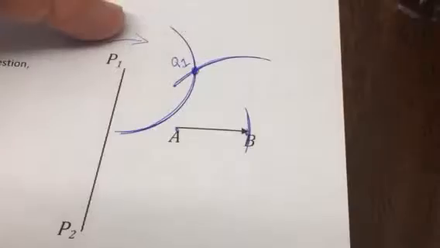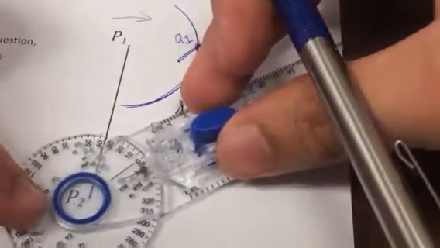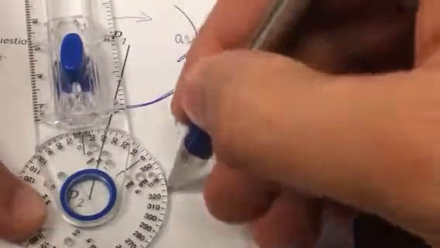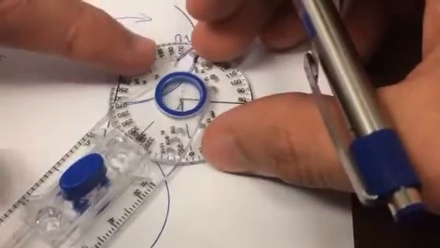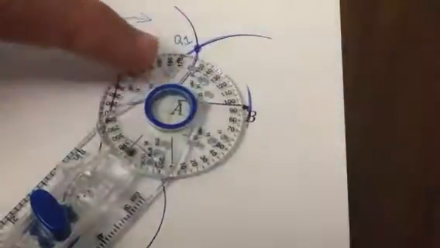I'm going to do the exact same thing with P2 over here. So I'm gonna line it up. I'm just gonna use this to draw the circle again. All right, just like so. I'm gonna put A as my center. I'm gonna line it up with my P1.